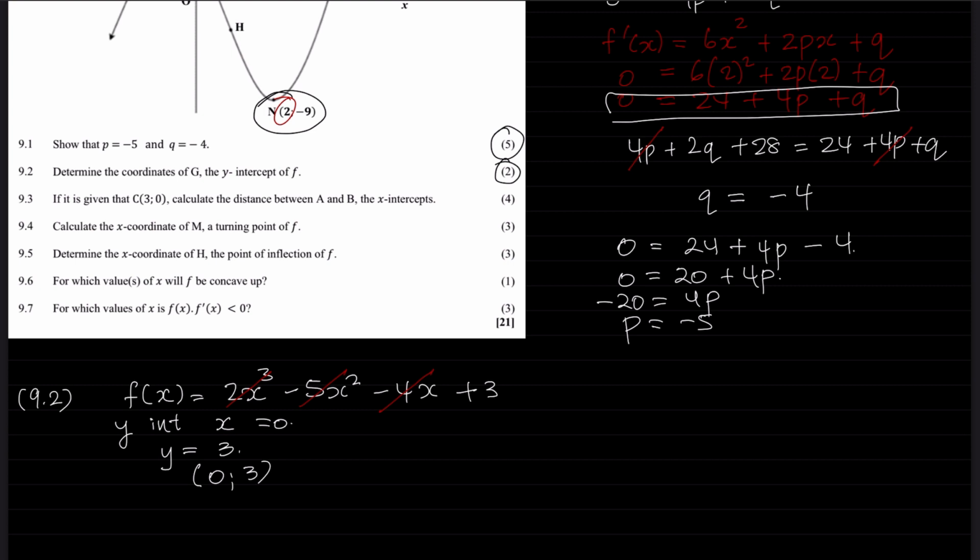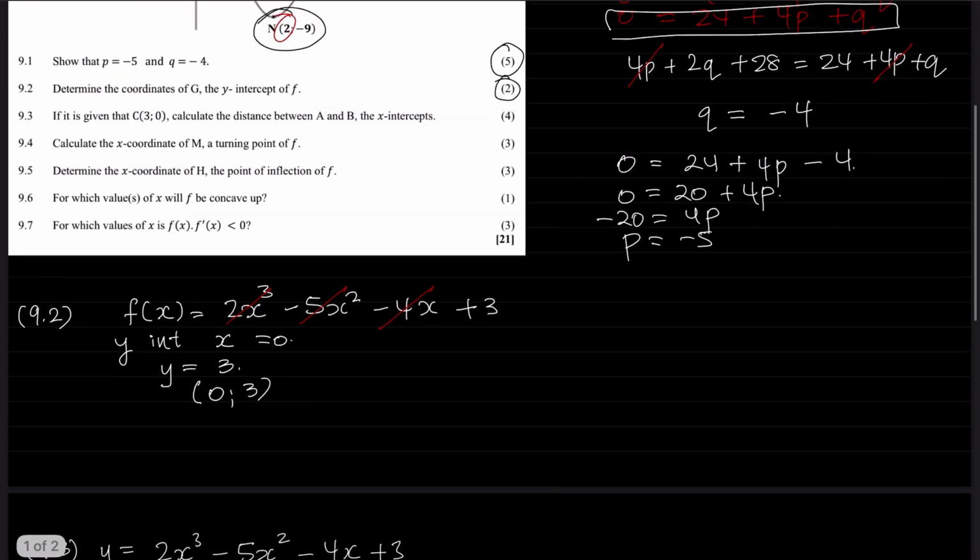Let's look at question 9.3. If it is given that C is 3 and 0, calculate the distance between A and B, the x-intercepts. Okay, so for this one, I'm going to show you how to do something called synthetic division. So we go back to our equation.